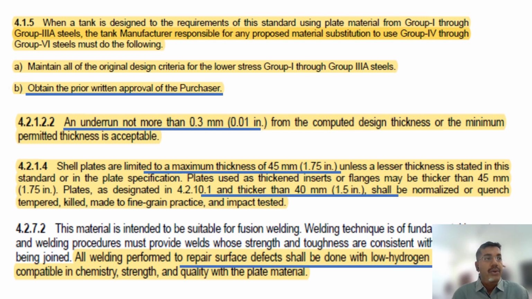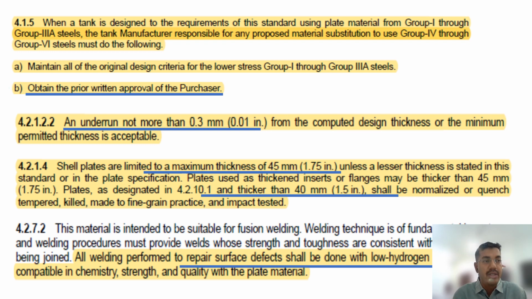I will tell you one thing. You know the group of materials, okay? If I tell you ASTM A36 or any other type of material and I ask you which group number it is, maybe you will remember ASME Section 9, where there is a group number.